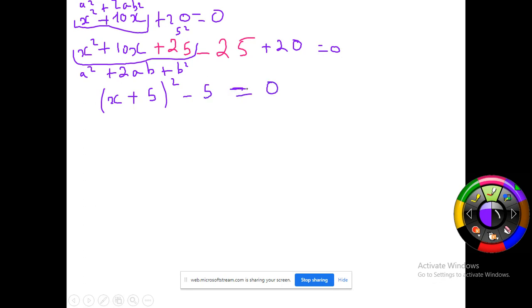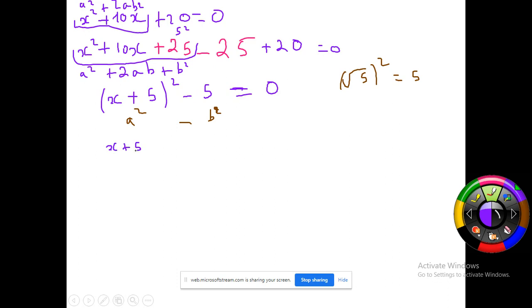I know that's what you are thinking now. You are saying, oh, okay, this is a squared. But how can 5 be b squared? It's not a perfect square. Which number squared gives me 5? Yeah, we know it. Which number squared gives me 5? I'll help you. What is radical 5 squared? Yes, it's 5. So it means here b is radical 5. In here I can write it like this.